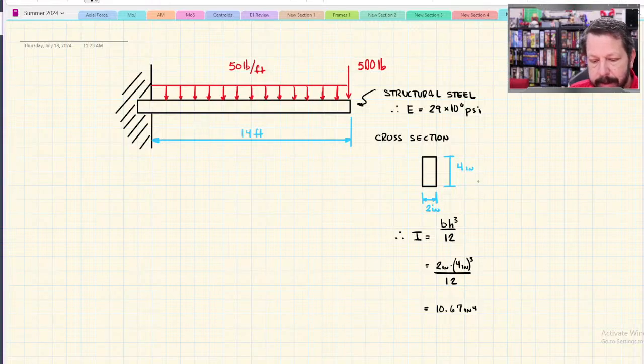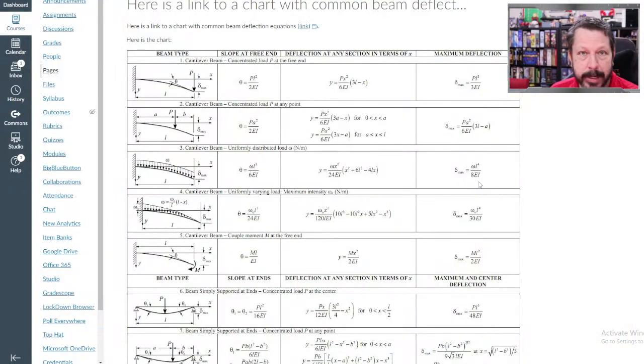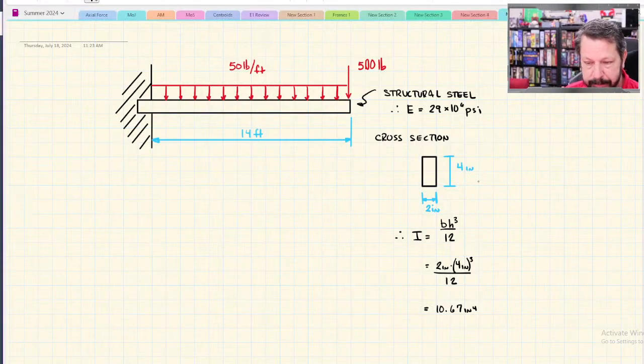Now we need to figure out how we're going to divide this into something that matches our list of possible scenarios. Also we need to know what we're trying to solve for. Case 1 is cantilever beam, concentrated load P at the free end. We have that: the 500 pounds at the free end of a beam.